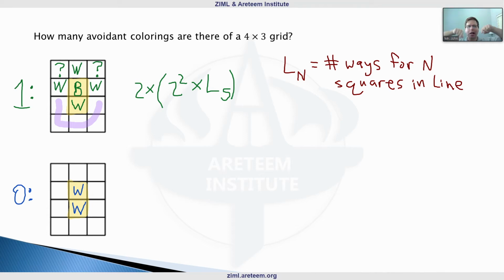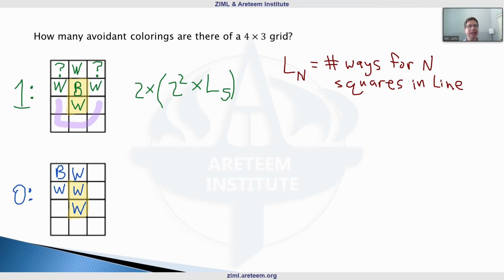So we don't quite have a line, but we have this circular ring around the outside there. Now we can split this into 2 cases as well, but let's kind of look at the upper left. You could look at any square here, but what happens if this square is black? Well, just as before, we have 2 white squares adjacent to it.